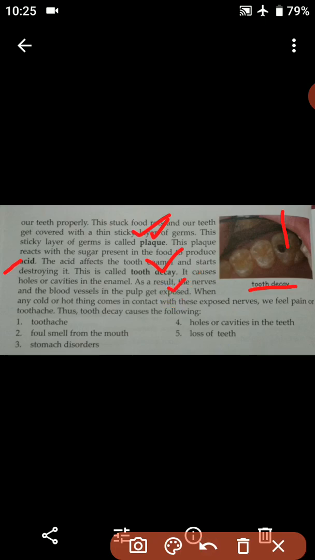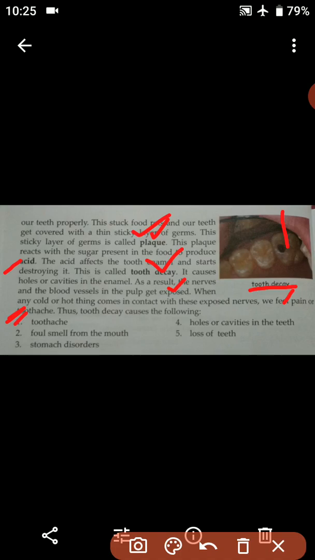When any cold or hot things come in contact with this exposed nerve, we feel pain or toothache. We all know that whenever there is contact with cold or hot things, the pulp that is out of its original area will get pain and we will get toothache.